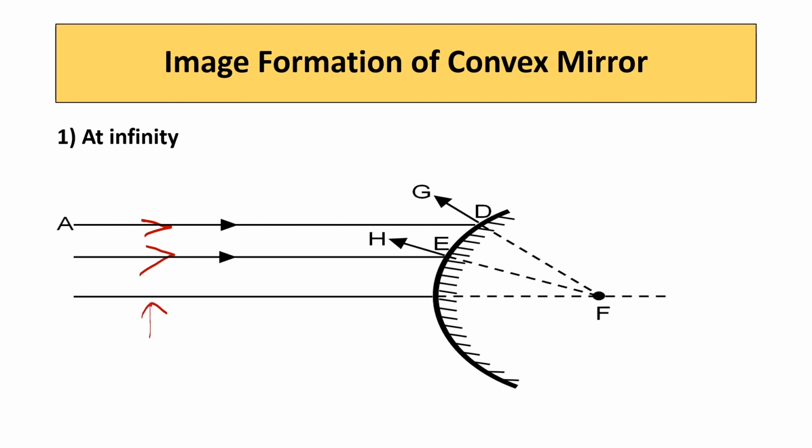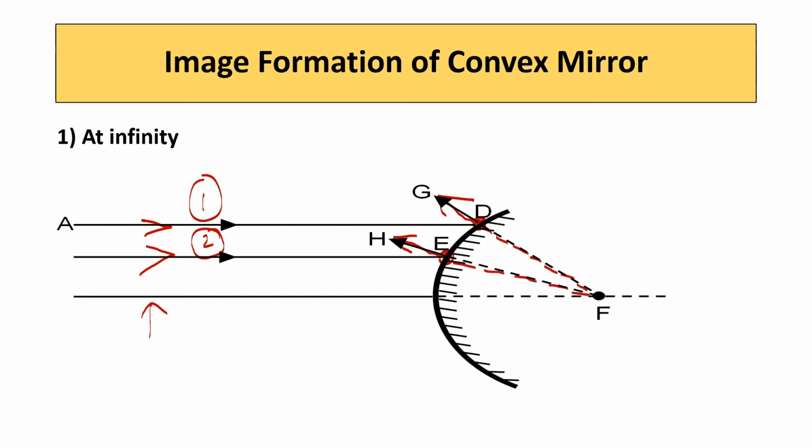This incident ray, let this be ray 1 and this be ray 2. Ray 1 strikes at this point and reflects like this. Ray 2 strikes at this point and it is reflecting in this manner. You produce these reflected rays backwards as this is a convex mirror.